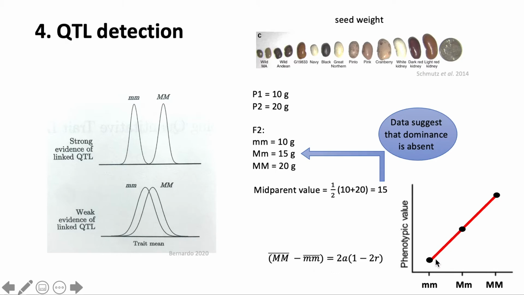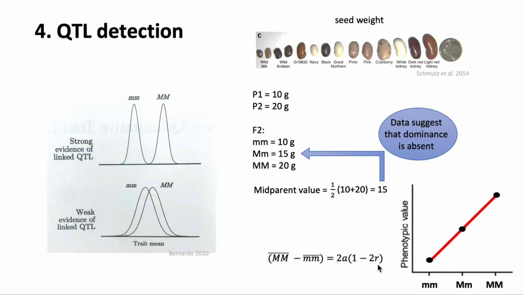So what is the effect on the phenotype of, in this case, each big M, and if we know the recombination between the markers. If we know the recombination in the population and the additive effect, we can estimate the difference between the homozygous lines.